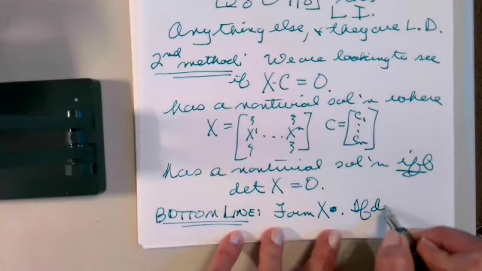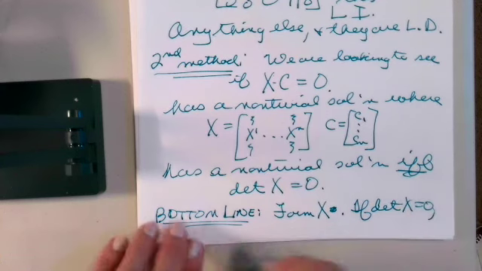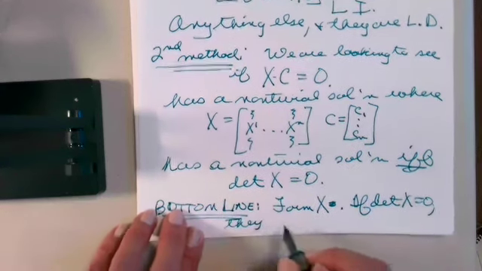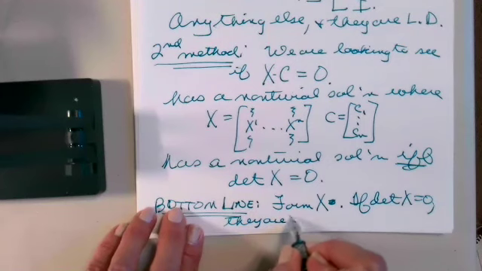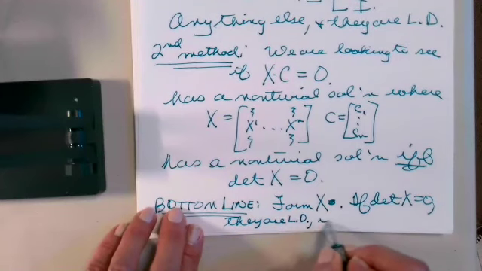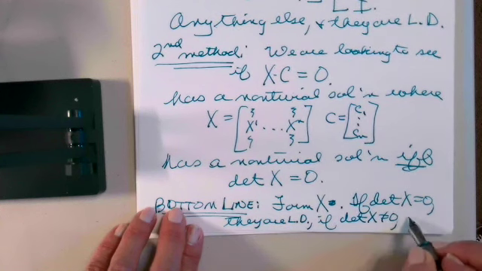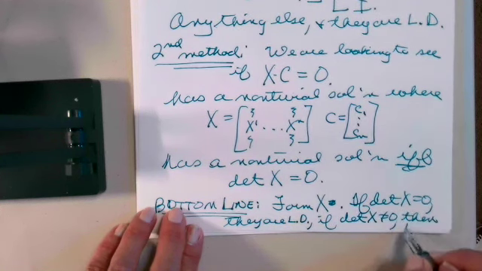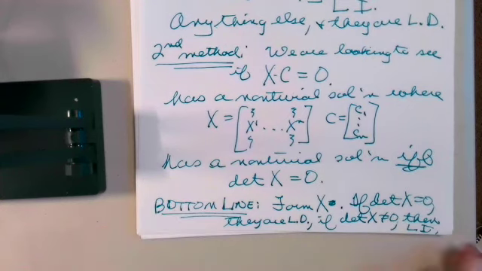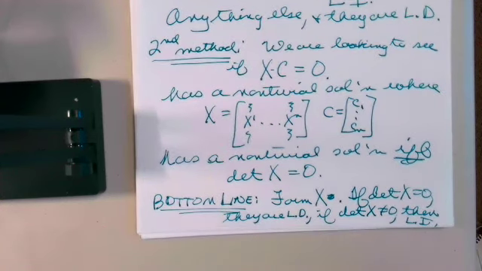If the determinant of X equals 0, they are linearly dependent. If the determinant of X is not equal to 0, then they are linearly independent. Which is faster to say, but finding determinants is not really fast, so I think the row reduction method is easier.